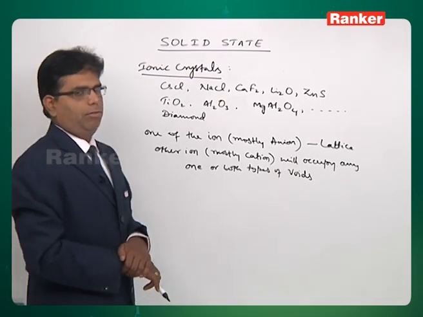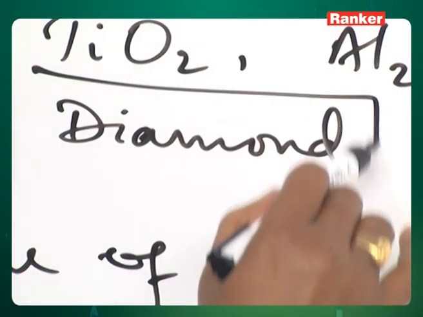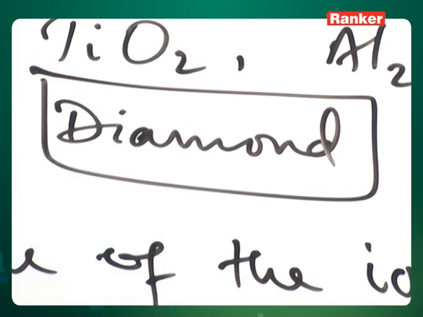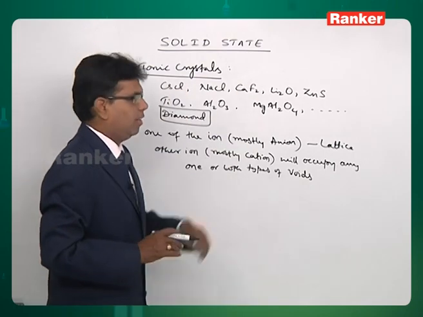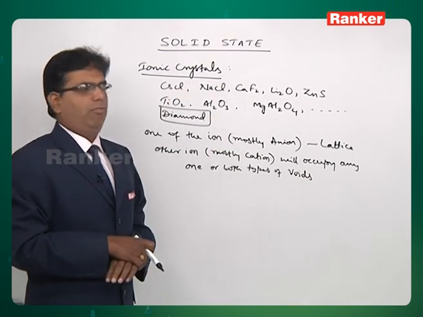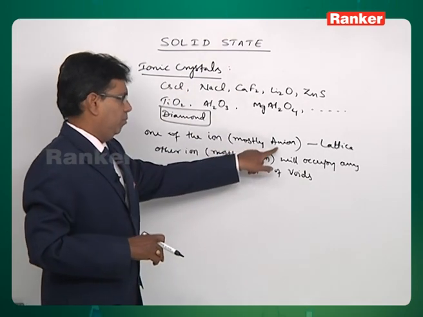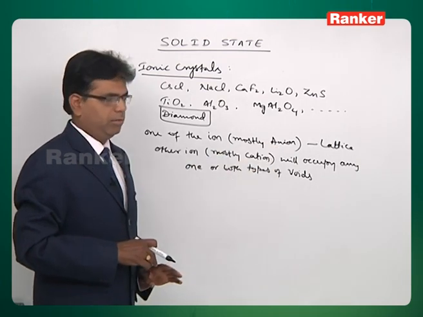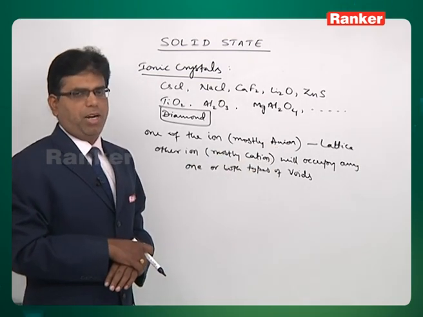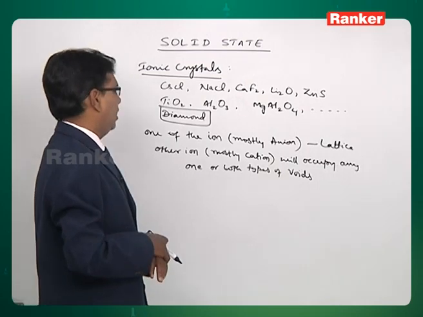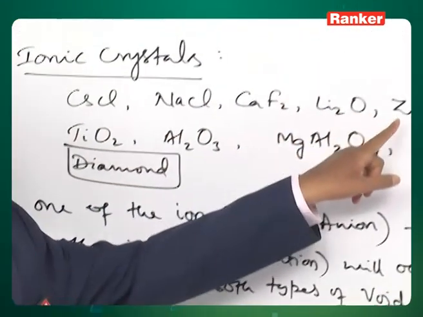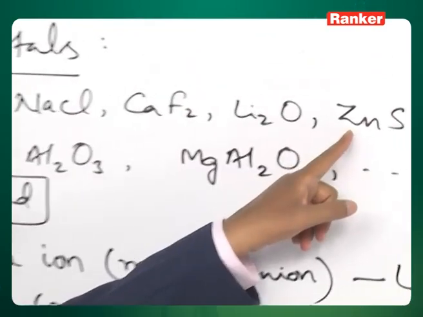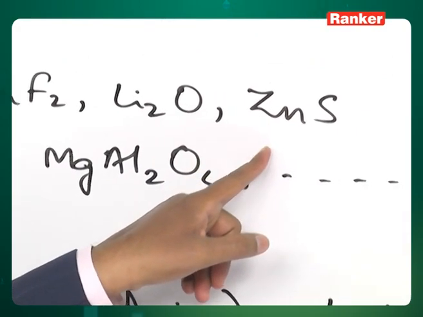Of course, as already we told, this is not an ionic crystal, so its discussion is something different, but all these others are ionic crystals. One of the ions, mostly anion, will form the lattice, either BCC type or FCC type lattice. The other ion, that is mostly cation, like sodium ion occupying octahedral void, zinc ion occupying the tetrahedral void.